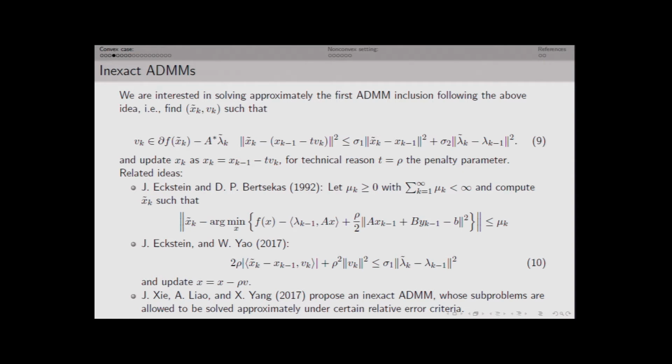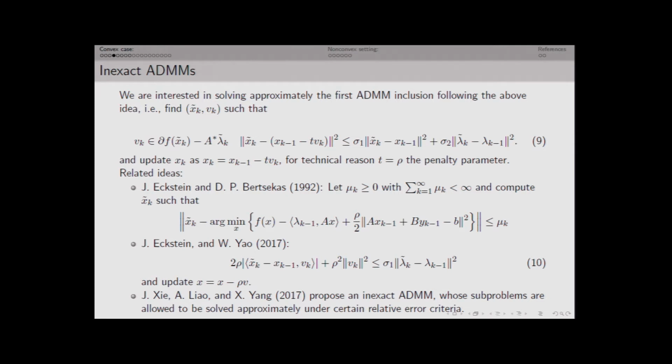but at first I'm just going to say that, for example, Jonathan and Bertsekas analyzed how to solve the first subproblem of ADMM by using some summable absolute error criterion. This was done in '92. And then recently Jonathan and, I think, one of his students, but I'm not sure, Jonathan Eckstein and Yao, analyzed the ADMM based on some relative error criteria.